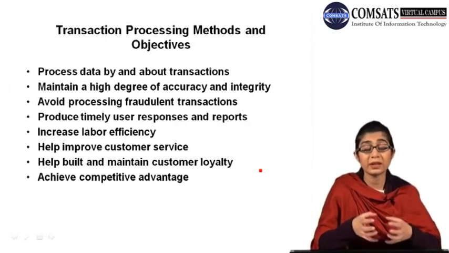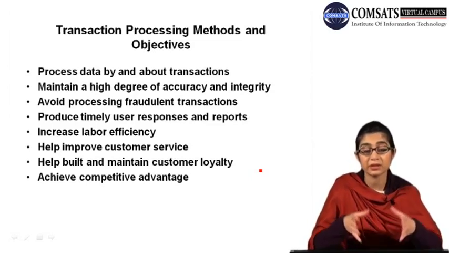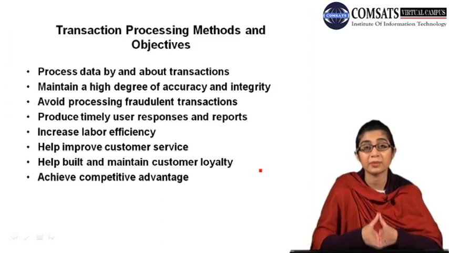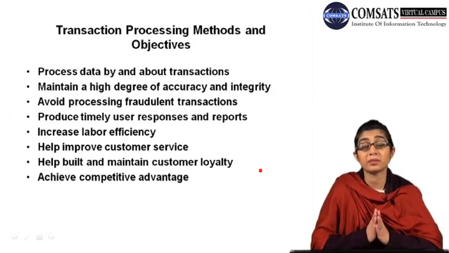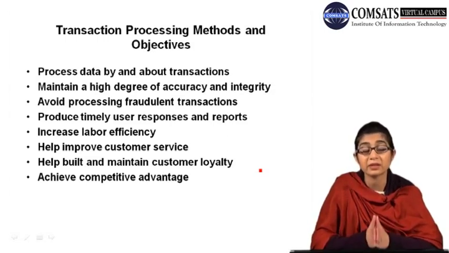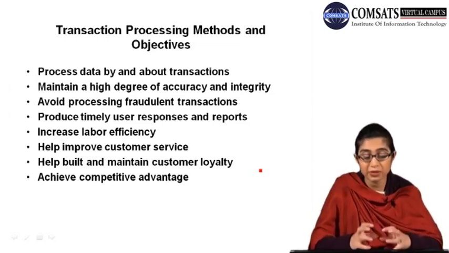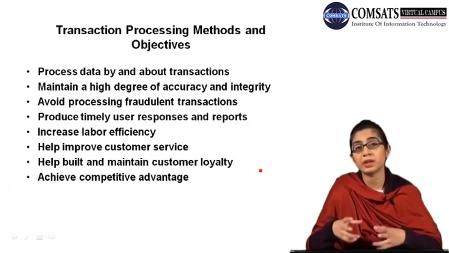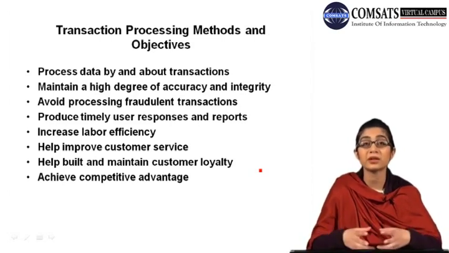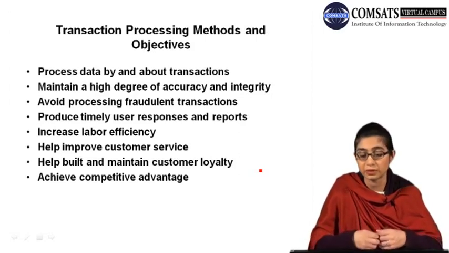So they can have operational excellence, better labor efficiency, and better customer service with the help of TPSs, because they are automating the systems, and checking the integrity of the data and the information going in and out of the system. So that has a major role in using that information for other kinds of systems, for MIS and for DSS, which can be used by the managers to achieve the organizational goals.